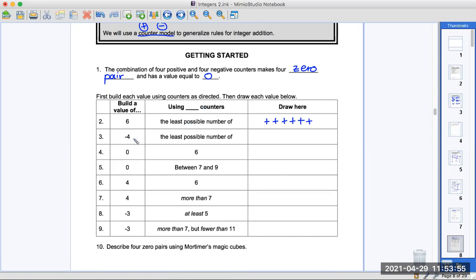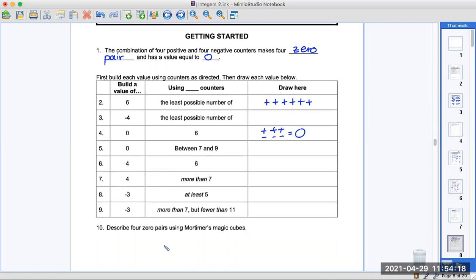Okay. And then a negative 4 and a 0 using 6 counters. Now that 0 using 6 counters, think about it. If you have 3 positives and 3 negatives, they all cancel each other out, and that would be 0, and that's 6 counters. So I'm giving you a few answers, but try it yourself, how to build these counters.